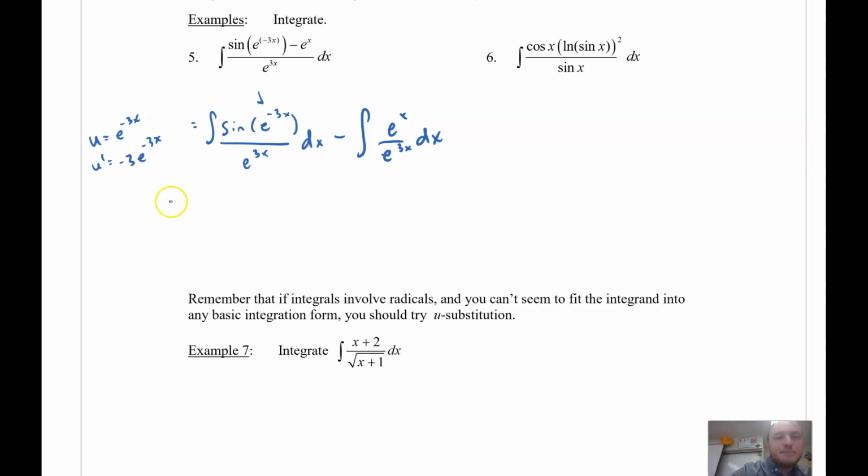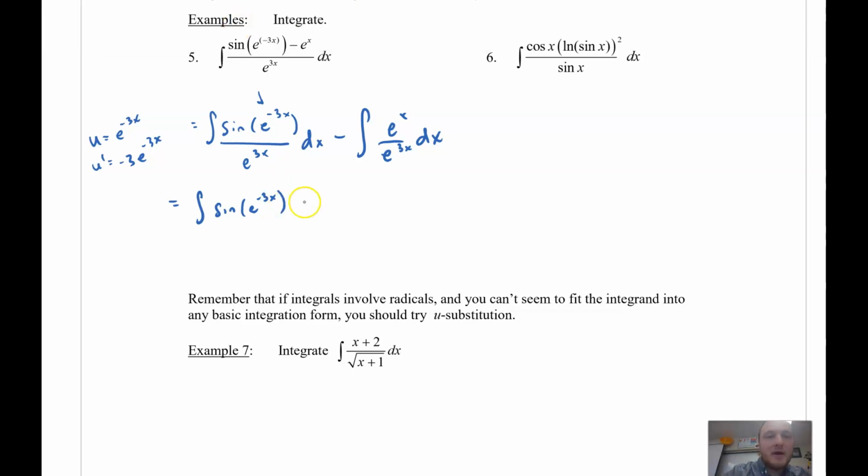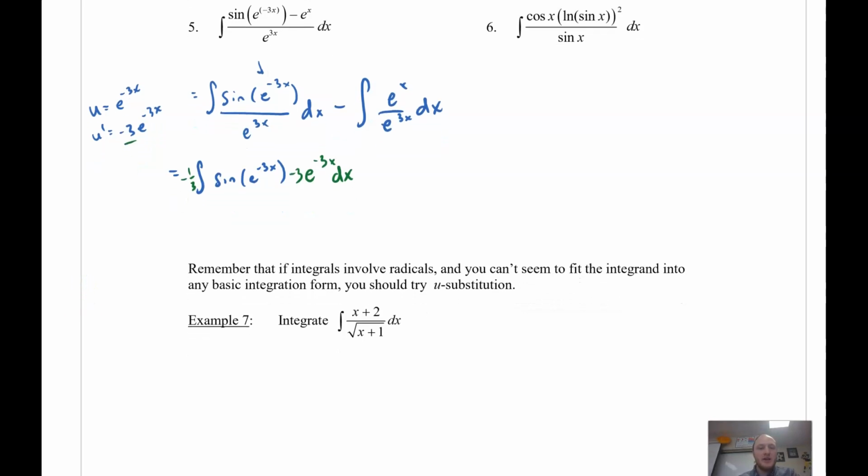So if I bring this up, I have sine of e to the negative 3x, and I'm going to drop in now my hook, so I have e to the negative 3x dx. Notice the only thing I'm missing is my negative 3, so I'll put in a negative 3 and I'll balance it with a negative 1/3, and hey, we're ready to integrate that sine function.